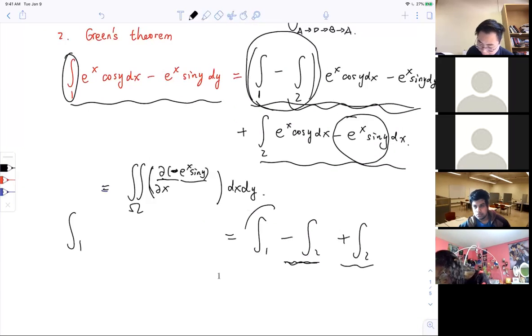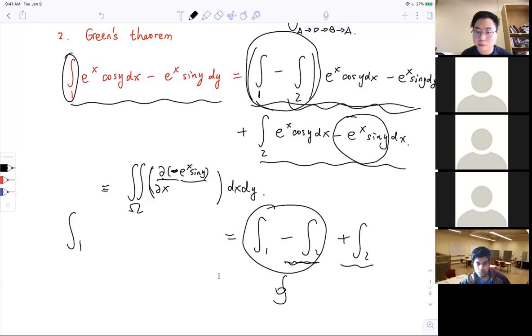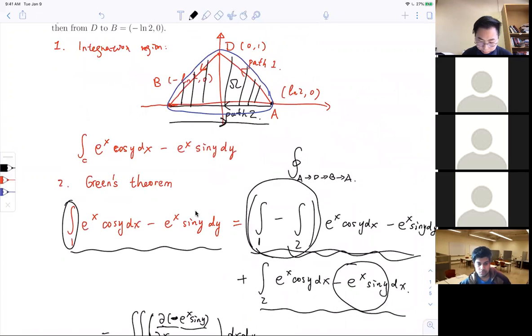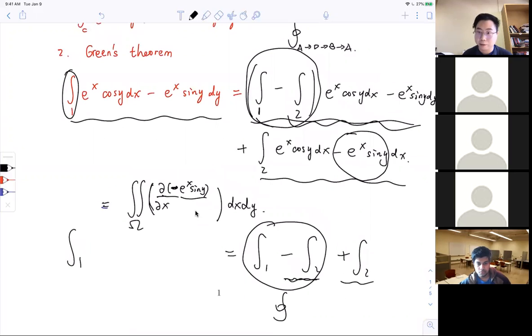But we want to combine the first term with the second term to make a closed loop, and then apply the theorem. So you only do this if you don't already have a closed loop? Right, exactly. Are you applying Green's theorem to that first set and then adding on integral 2? Right. Thank you.